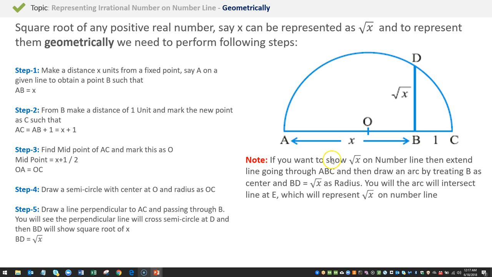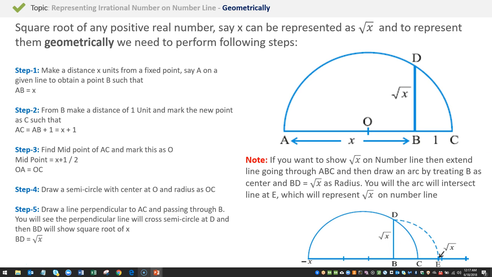What I'm trying to do. So if I have to find square root value of x on the number line itself, and assuming this is my number line passing through A, B and C, extend your line a little further and then consider B as center, take BD as the length of an arc, and then use your compass and draw an arc and try to see where it will intersect the number line.